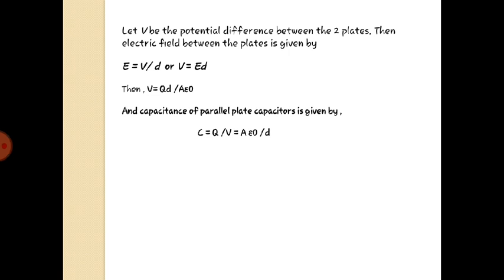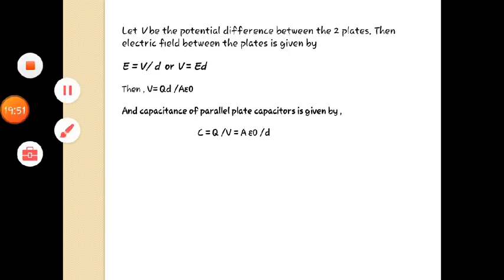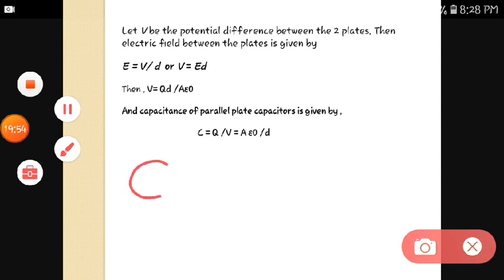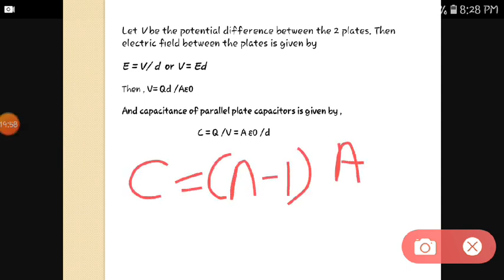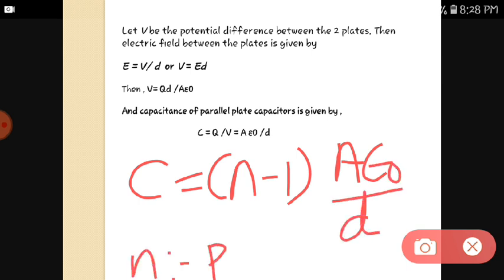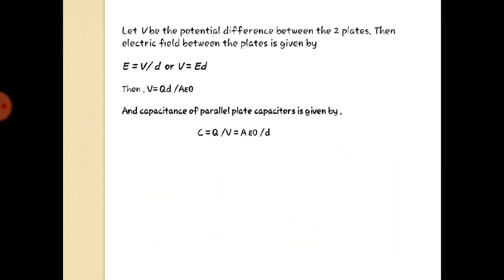If there are n parallel plates, then n minus 1 is the number of capacitors. Okay, so you will get the same kind of equation over there, but it should be multiplied by this only. If n number of parallel plates are there, you get this equation for capacitance. Okay, I hope you got this point.